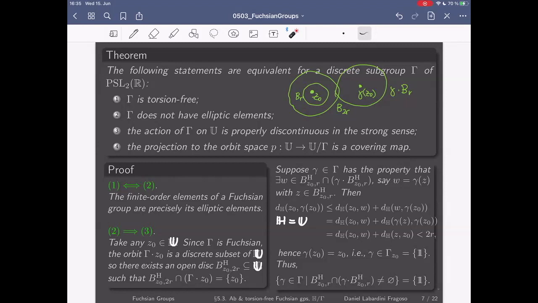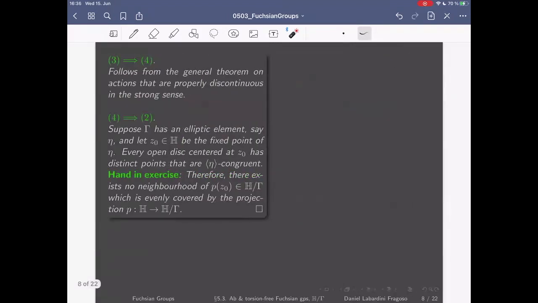Right. So this is exactly the definition of this action being properly discontinuous in the strong sense.